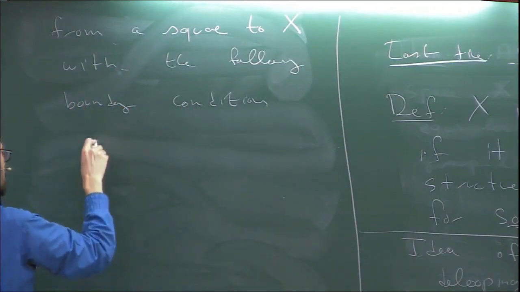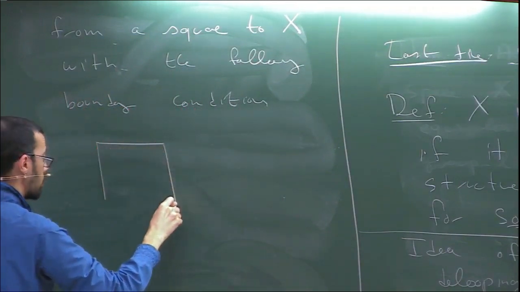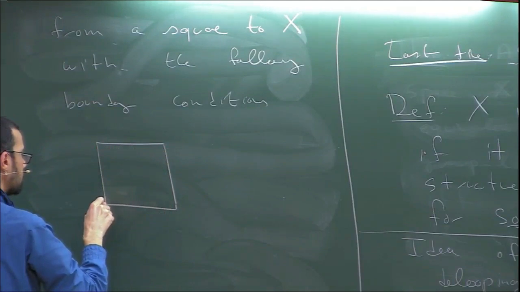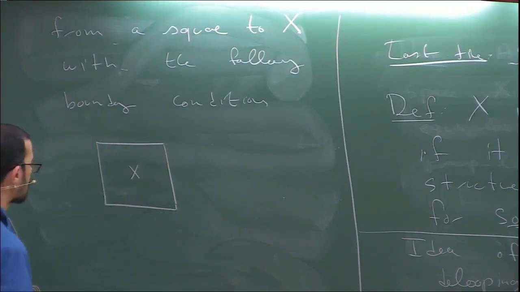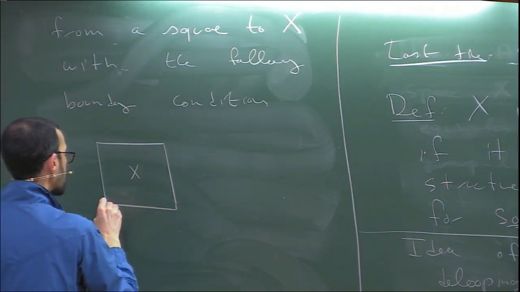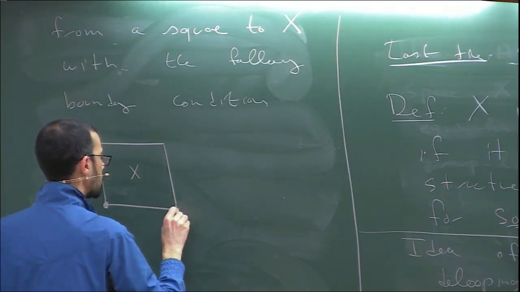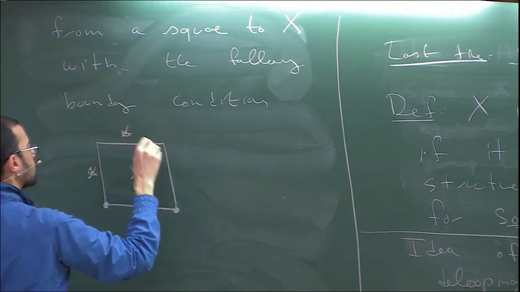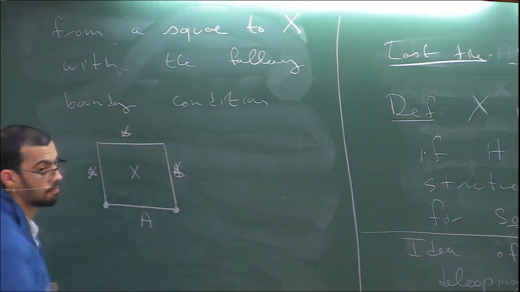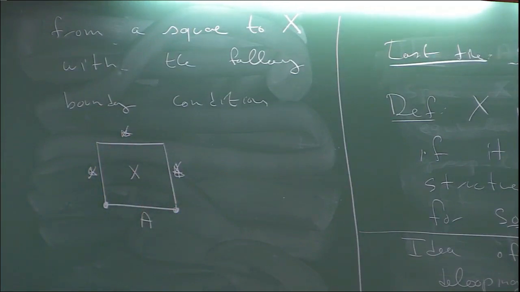So I'm going to draw a square. Okay, and the inside will go to X. Okay, and now this interval will map to A, and everything else will map to the base point. Okay? This one maps to A, and everything else maps to the base point.